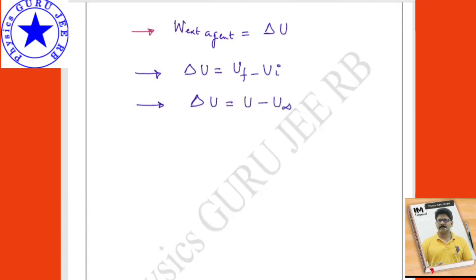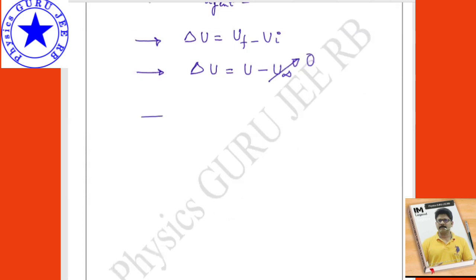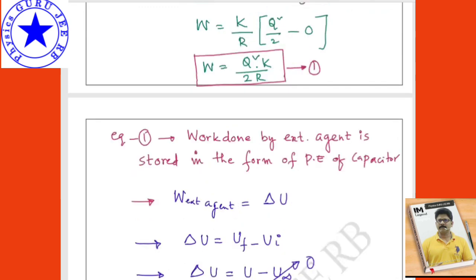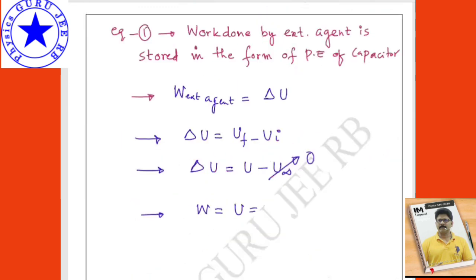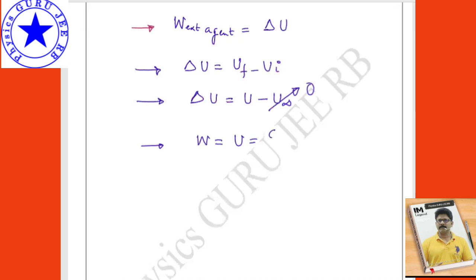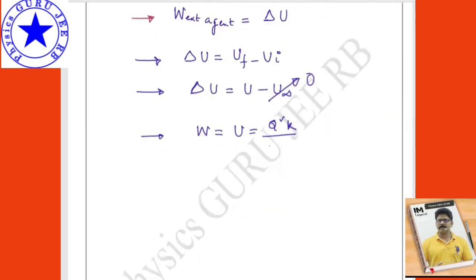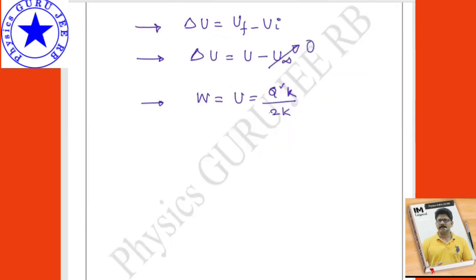So potential at infinity is what? 0. Now I can write W equal to U, equal to what I got, Q square K by 2R, right? So this is nothing but a potential energy, which is in the form of work done.